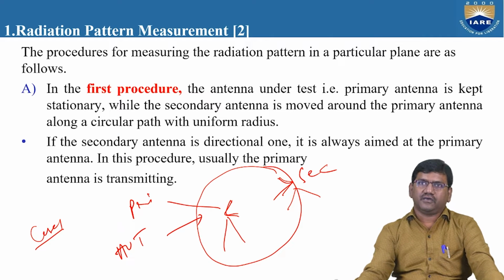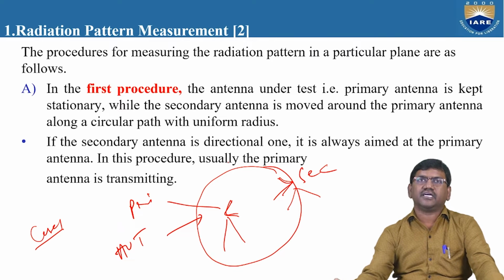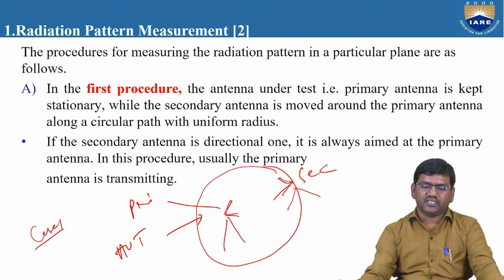We need to keep the primary antenna fixed, and at the same time, the secondary antenna must be movable along the observation circle. That means the secondary antenna is moved around this primary antenna, either in the clockwise direction or in the anti-clockwise direction, along a circular path with uniform radius.